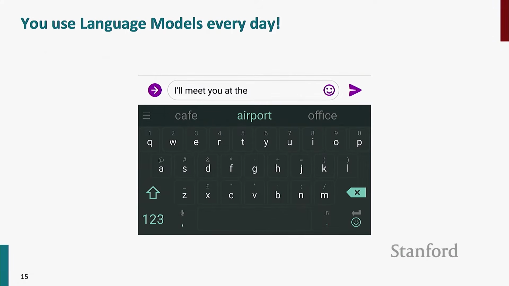The idea of them goes back to at least the 50s. So anytime you're typing on your phone and it's making suggestions of next words, regardless of whether you like those suggestions or not, those suggestions are being generated by a language model. Traditionally a compact, not very good language model, so it can run quickly and with very little memory in your keyboard application.